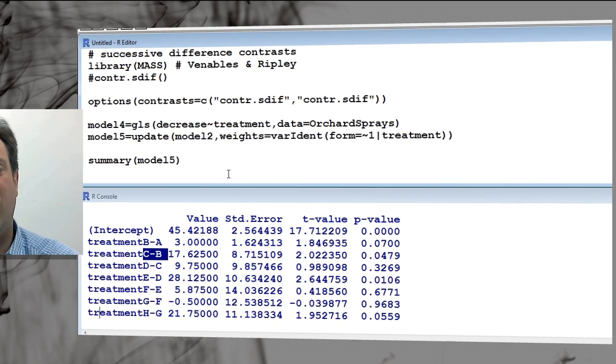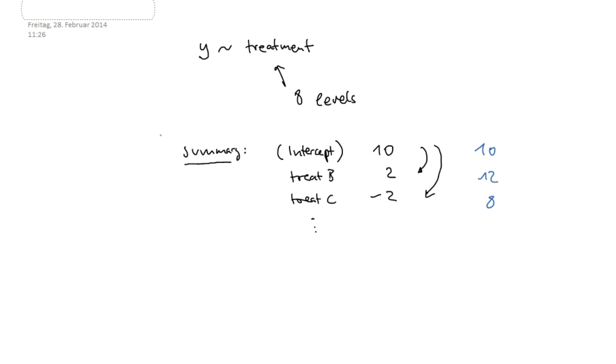Okay, so for summarizing, let's do it on a paper here, summarizing quickly what we did so far. Today we looked at the following things. We looked first of all at a new dataset called the OrchardSprays dataset. Second, we looked at LM versus GLS models.